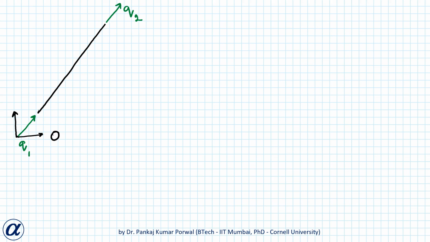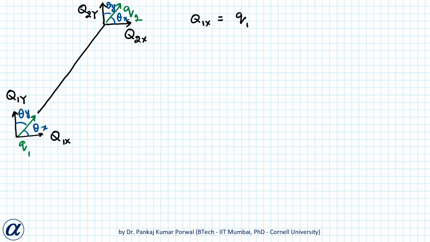Let's call them capital Q1x, capital Q1y, and similarly capital Q2x, capital Q2y, and these angles again same as previous case will be theta x, theta y, and I can write capital Q1x as small q1 cos theta x, that is lambda x, capital Q1y as q1 cos theta y, and that is lambda y.